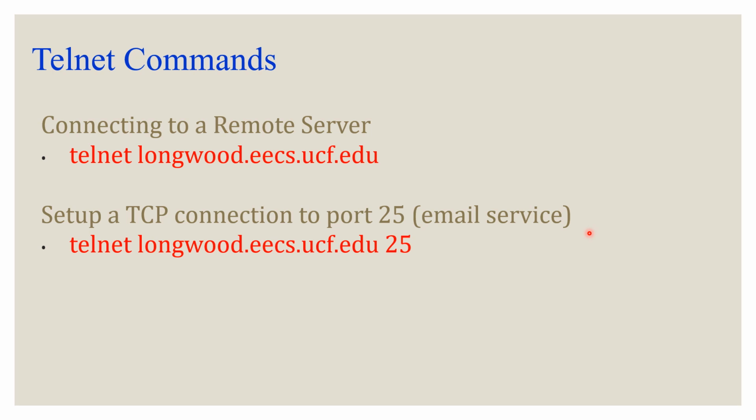For instance, to set up a connection to port 25, which is commonly used for email services, you can use the following command: telnet longwood.eecs.ucf.edu 25. This command connects you directly to the email service on the specified server. Once connected, you can interact with the email server using Simple Mail Transfer Protocol commands.